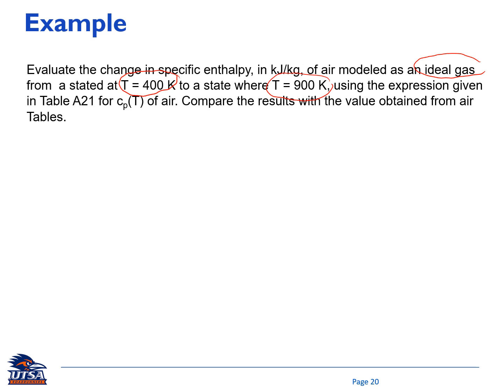If you remember, in table A21, cp is formulated in polynomial form as a function of temperature, with constants alpha, beta, gamma, and so on. Then compare the result with the value obtained from the air table, table A22.